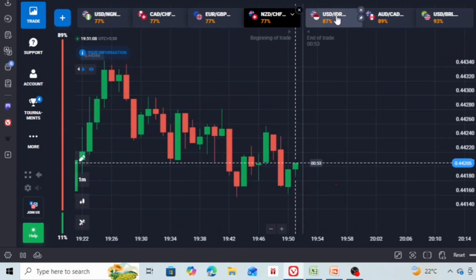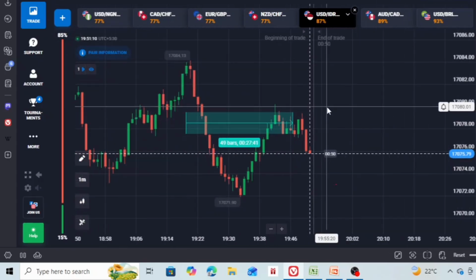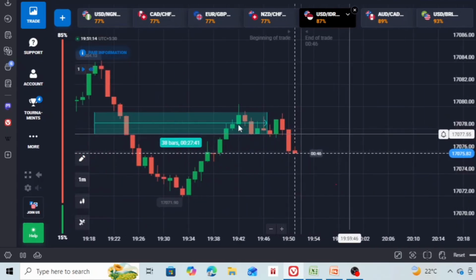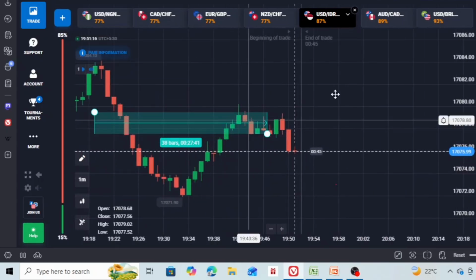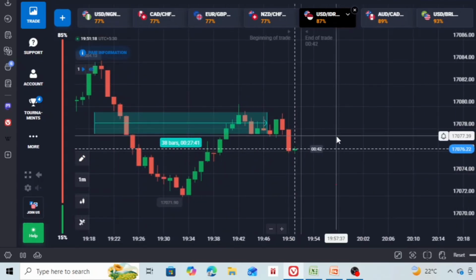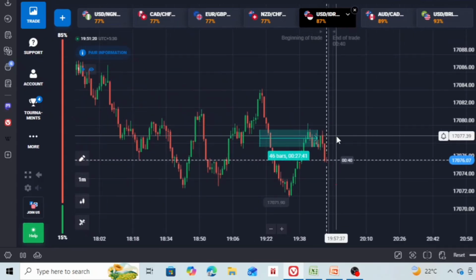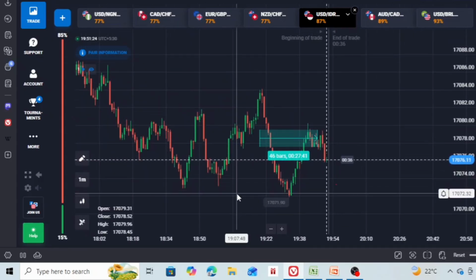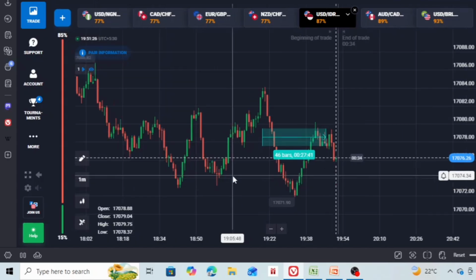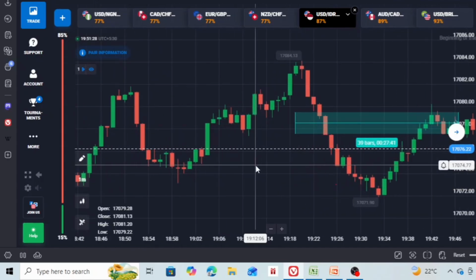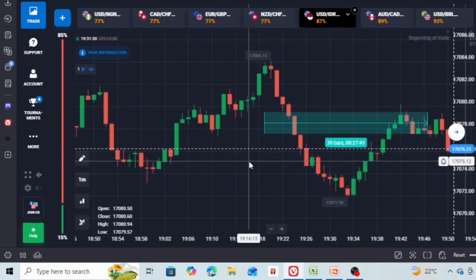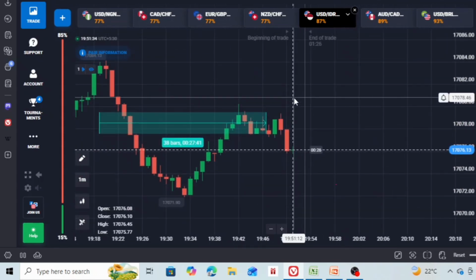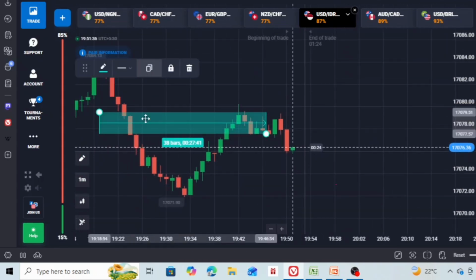So far no opportunity here. Okay, see, like we have analyzed, after mitigating this gap, the market is creating the bearish gap here. Okay, so let us see if we can get the opportunity here.